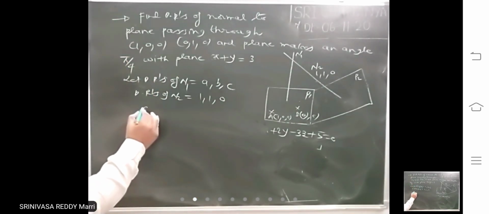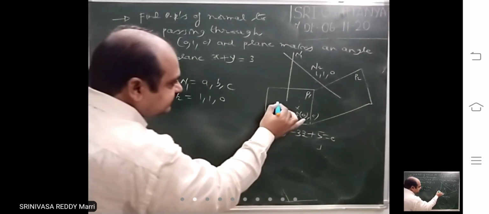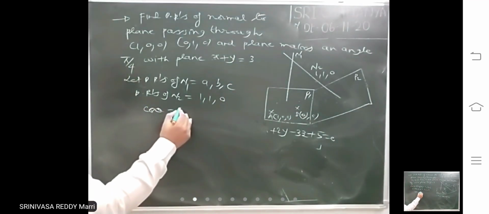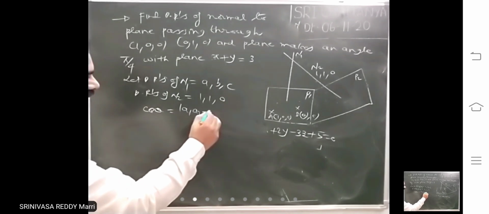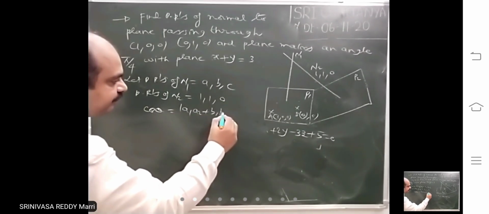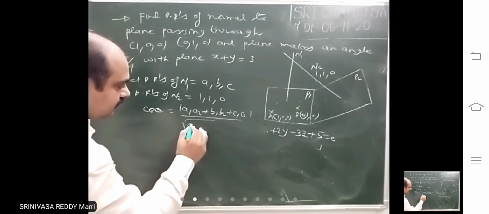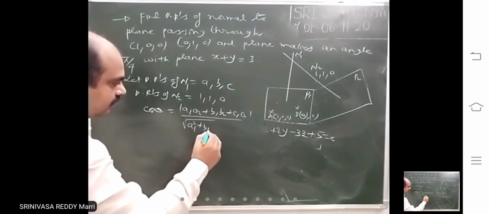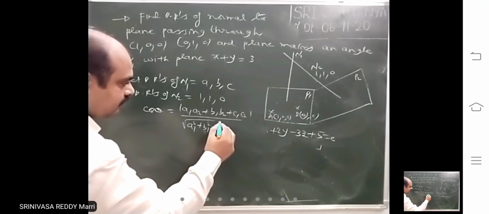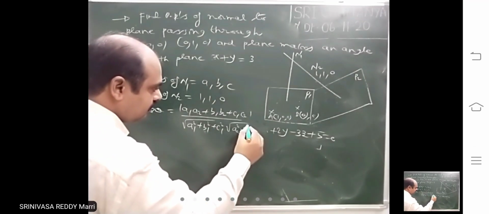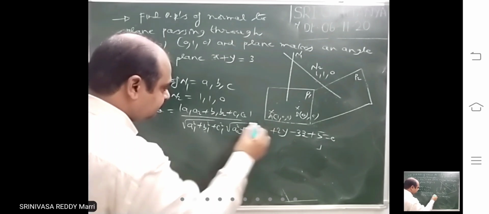So given that the angle between this plane and this plane is pi by 4, therefore the cos theta formula, the angle between two planes formula, is used.